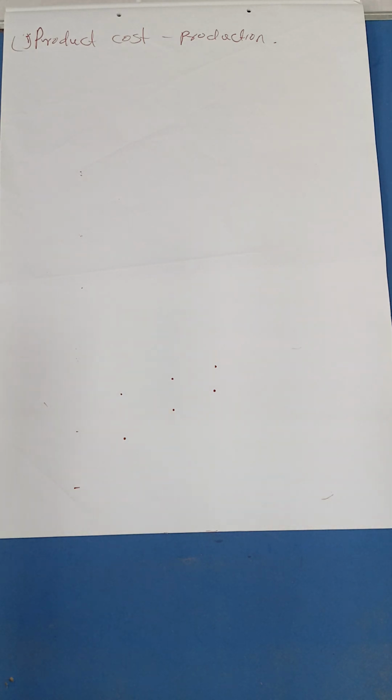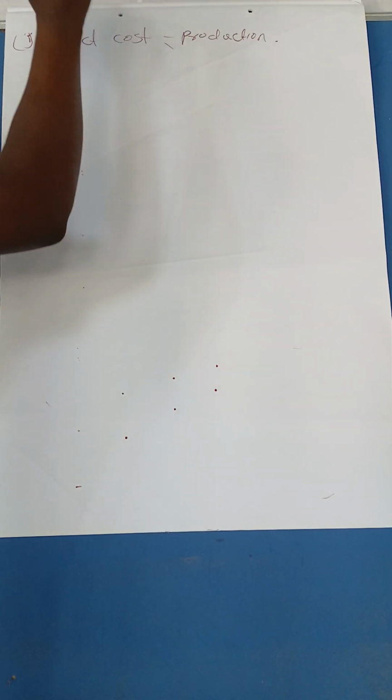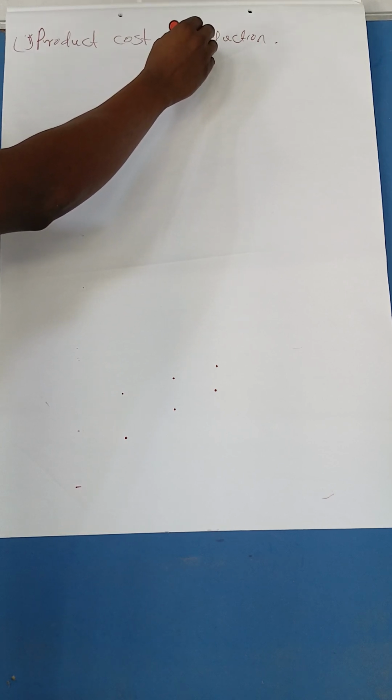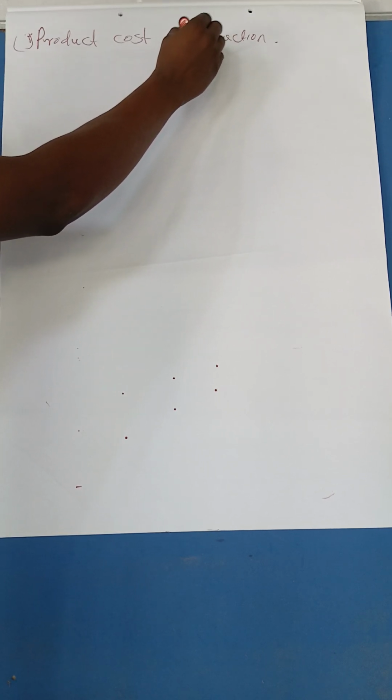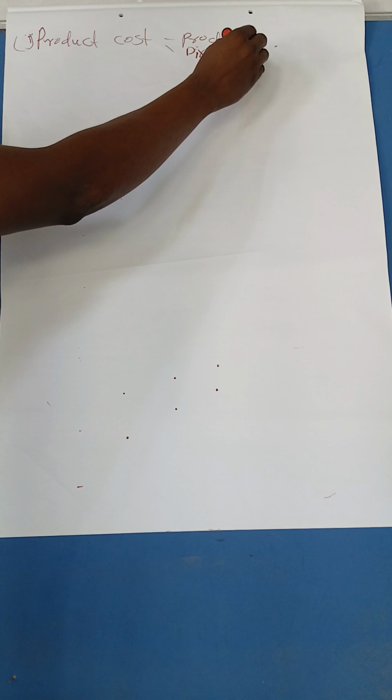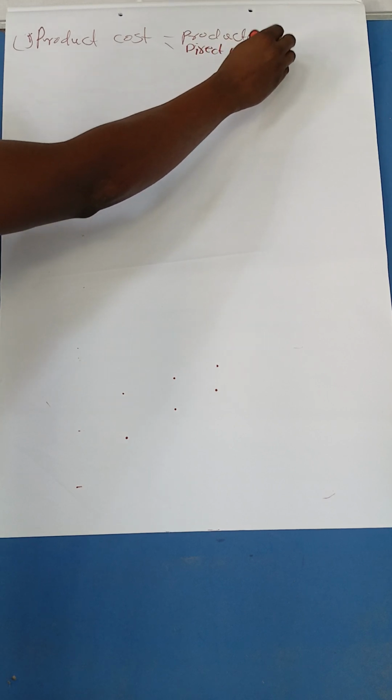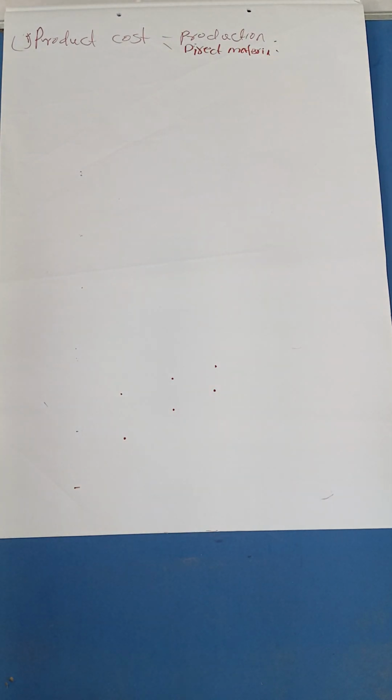E.g., cost of direct materials, direct labor, and factory overheads lie here under product cost. Here we have direct material. Remember, in another session we said these are costs directly associated with a final product.